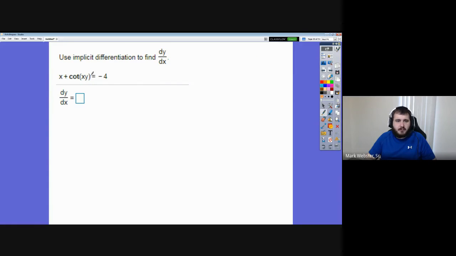Also, very simple. Just take the derivative of each piece. Take the derivative with respect to x of each piece. I think the derivative of cotangent is negative cosecant cotangent.